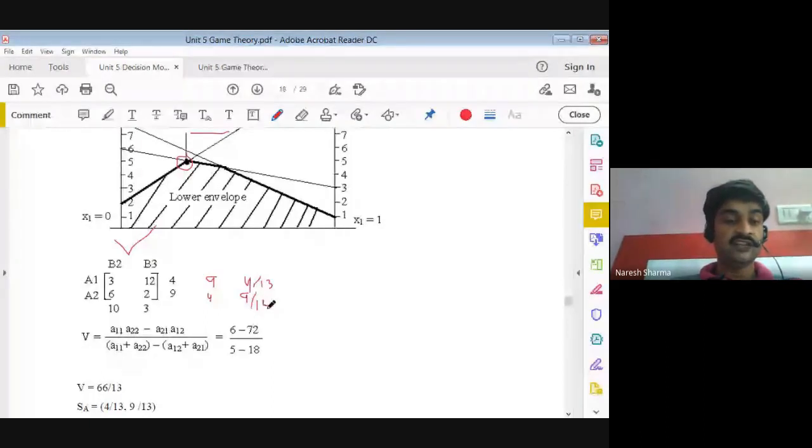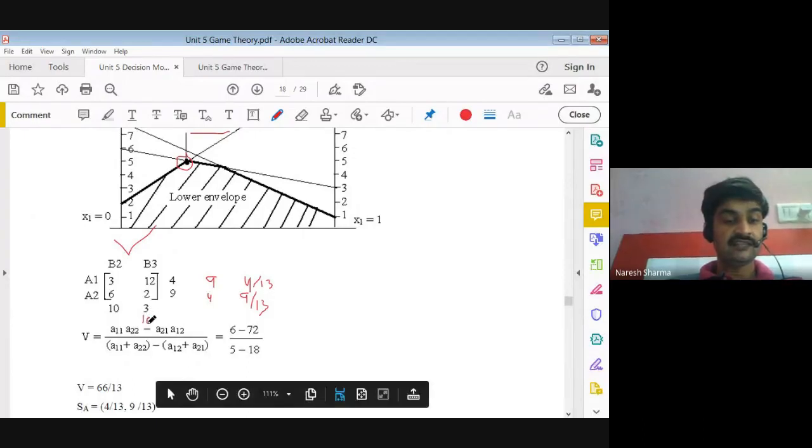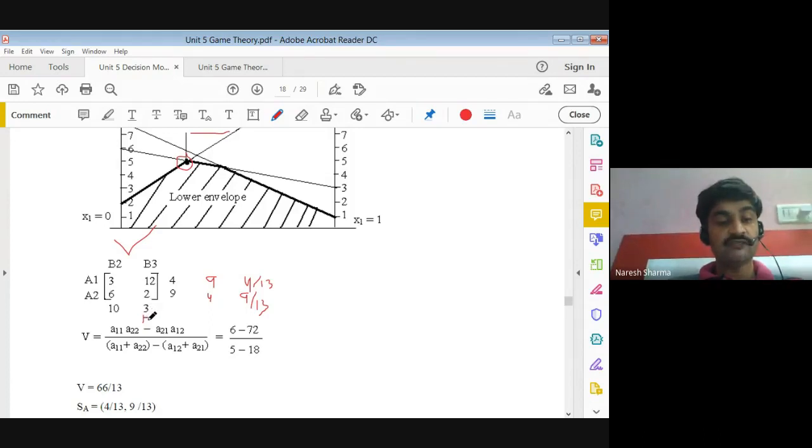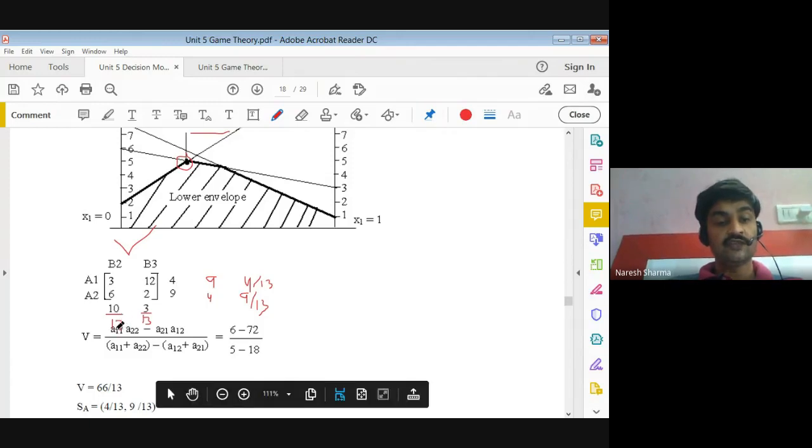This is your 10. We can write 10 here. This one is 10, and this is your 3. Now we can change the position. So that means 10 at this side and 3 at this side. So after doing that, we can divide this by the sum of this 10 and 3, that is 13. So this is 10 by 13.